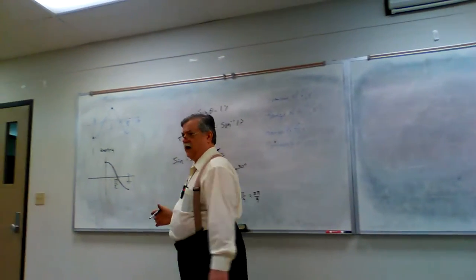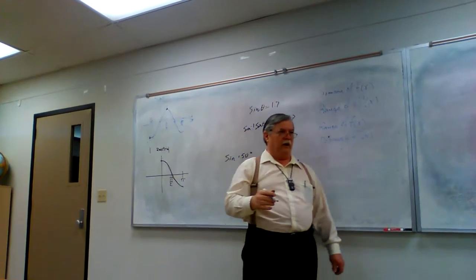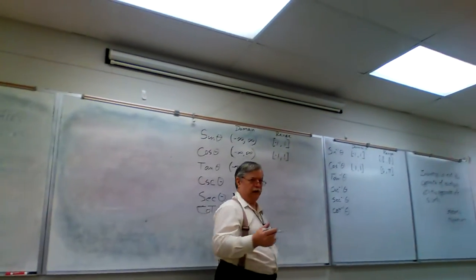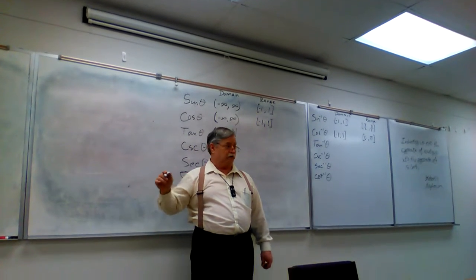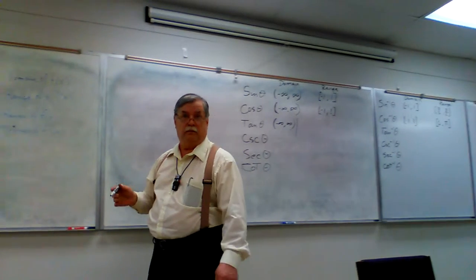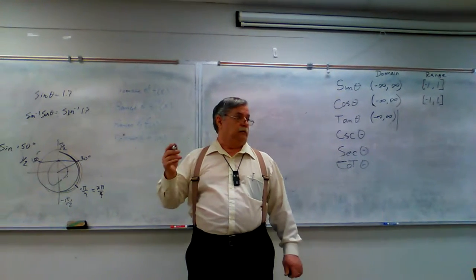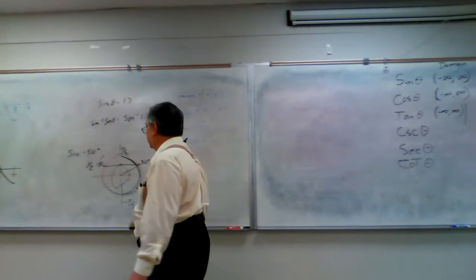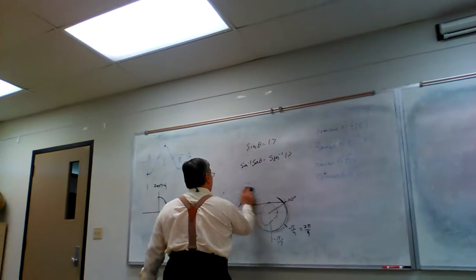It is undefined everywhere. What's the tangent? It's sine divided by cosine. So what happens when cosine is equal to 0? Tangent is undefined. That's where you start running into your asymptotes.